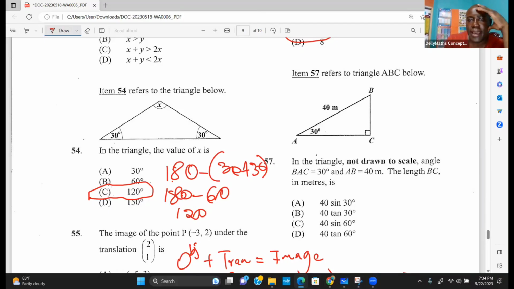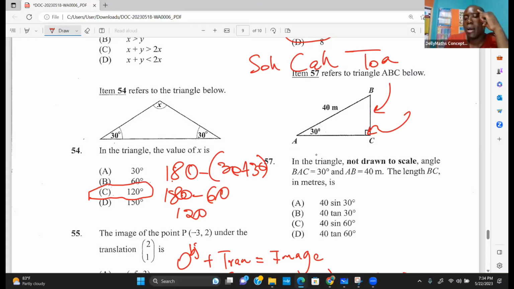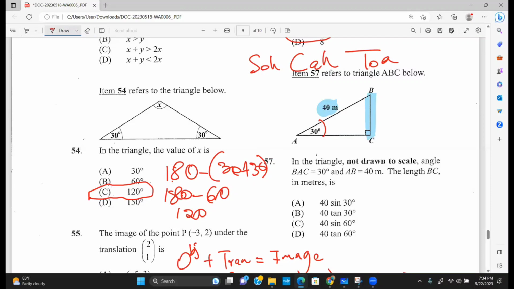All right, so we want to find this over here. The fact that it's a right angle triangle should say something. I can use the 30 to find BC if I have this. Now, what is BC? Anybody? The opposite. Thank you.